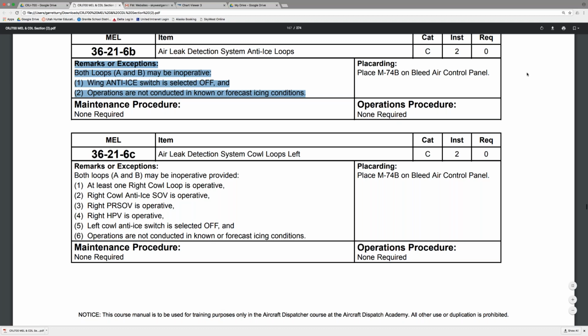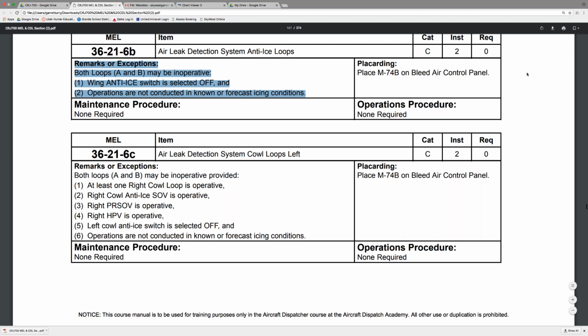The big thing with everything we do dispatch-wise when we're looking at manuals is always go to the index, because that's going to tell us where to look. We know AC packs, air conditioning packs, so we'd go to page 10. If we look for the pneumatics, we go to the pneumatic section.